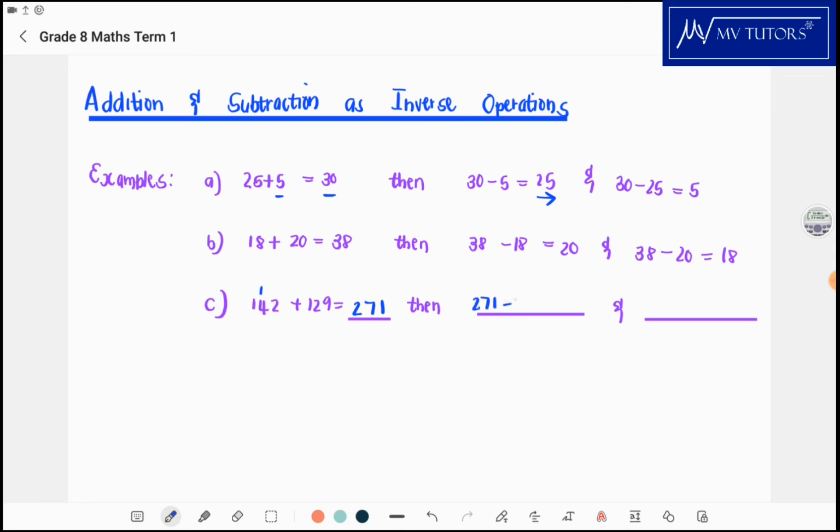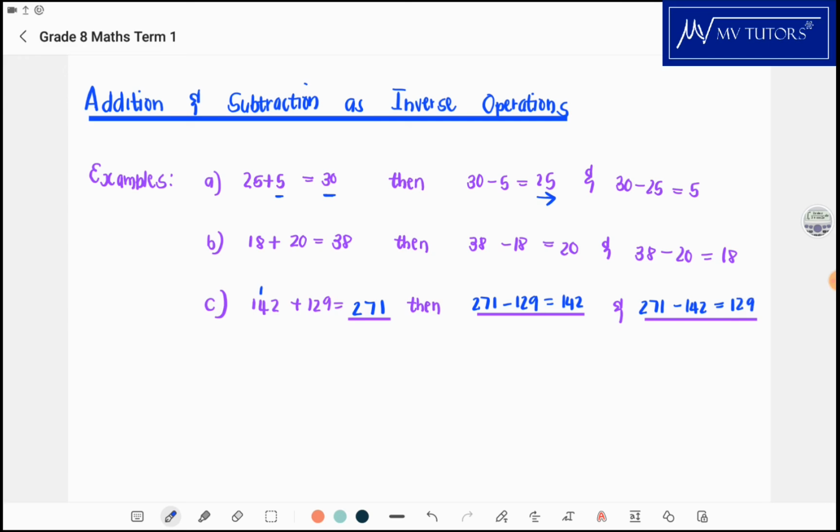Then we can say 271 minus 129, or we can say 271 minus 142. So what would be the answers? If we subtract 129, we will get an answer of 142. If we subtract 142, we expect an answer of 129.